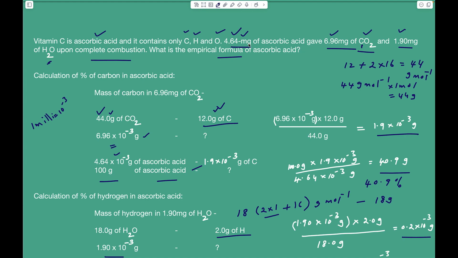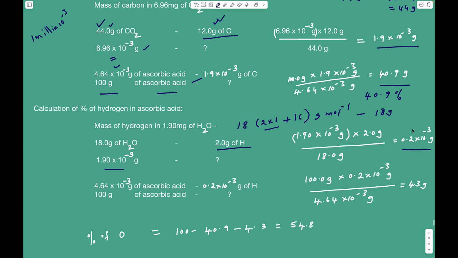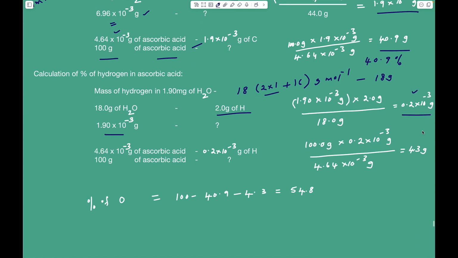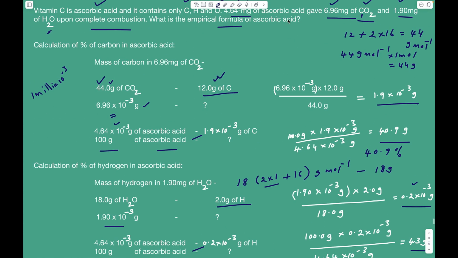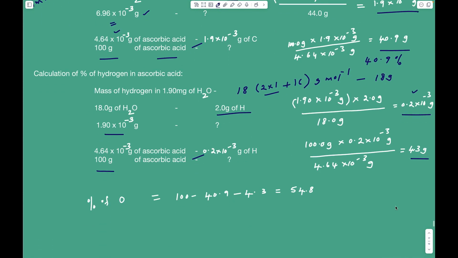Then to know the percentage of hydrogen, you have to know how much of hydrogen is present in 100 grams of ascorbic acid. Again, you know how to solve this, and it comes to be 4.3 grams. So this is the mass of hydrogen in 100 grams of ascorbic acid. So the percentage becomes 4.3.